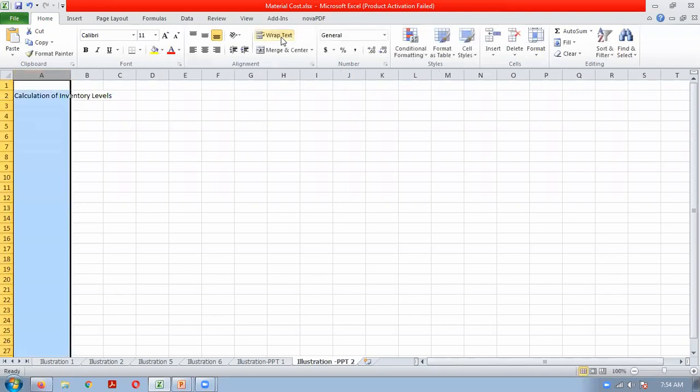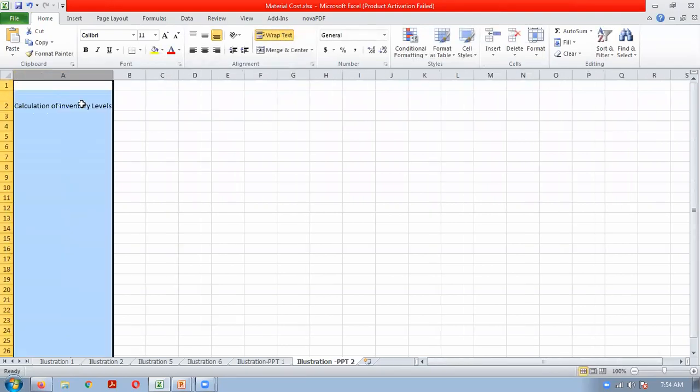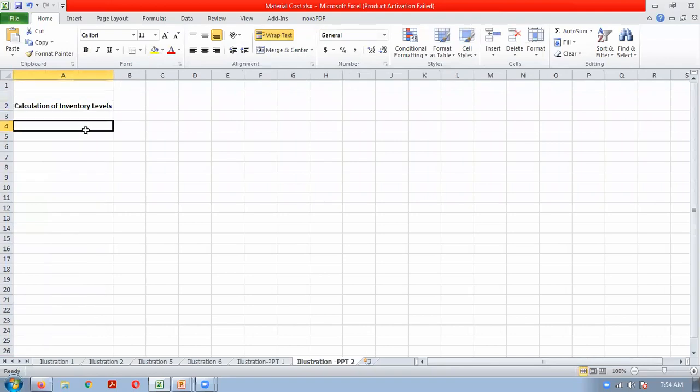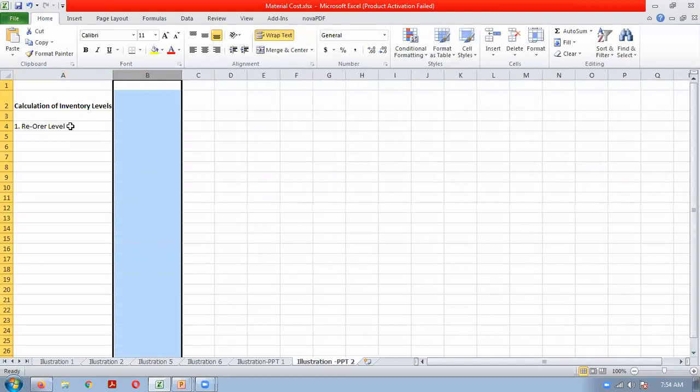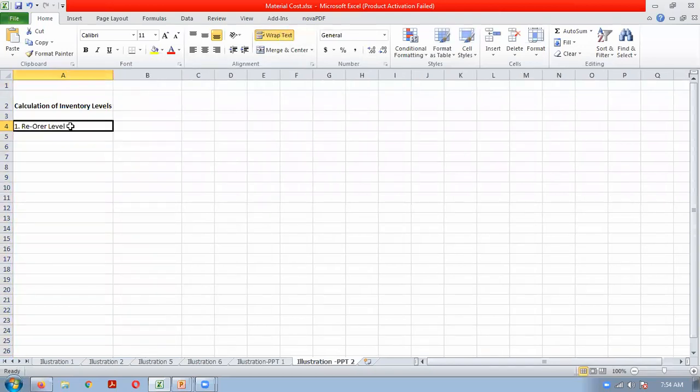So you should have an understanding of the formula. What is the formula for reorder level? We have already done it. You should know what the reorder level formula is, then only you can solve the question.